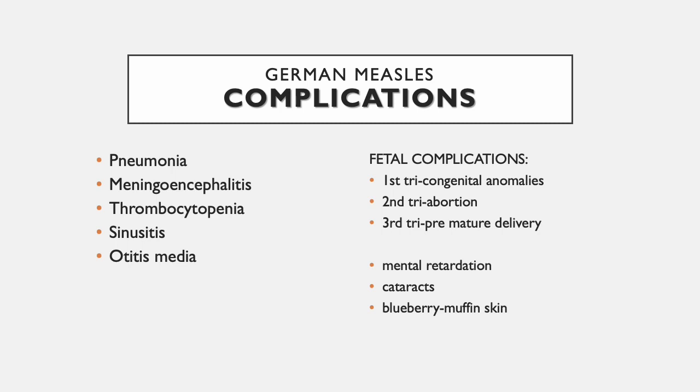It can lead to mental retardation, it can lead to cataract, or the blueberry muffin skin. Blueberry muffin skin, parang, alam niyo yung blueberry. So, yung skin niya parang may mga bilog-bilog. Okay, may mga bilog-bilog, may mga parang purplish spots all over. So, kaya siya tinawag na blueberry muffin skin. So, those are the possible complications, lalong-lalo na for the first trimester.